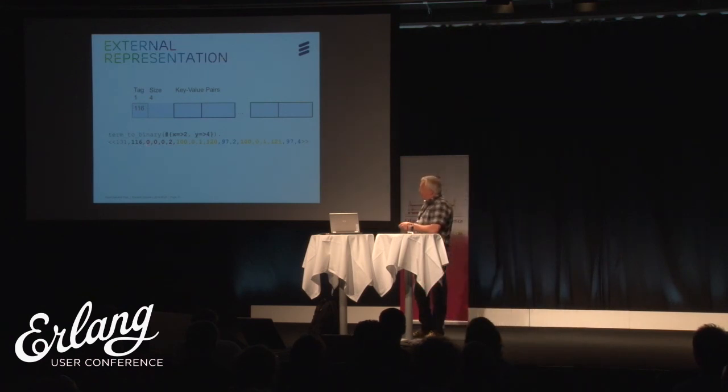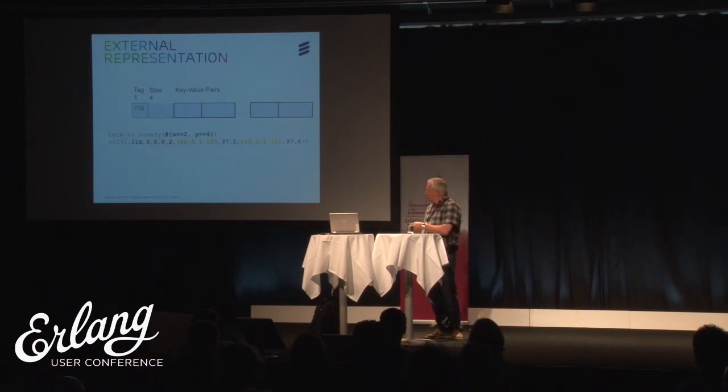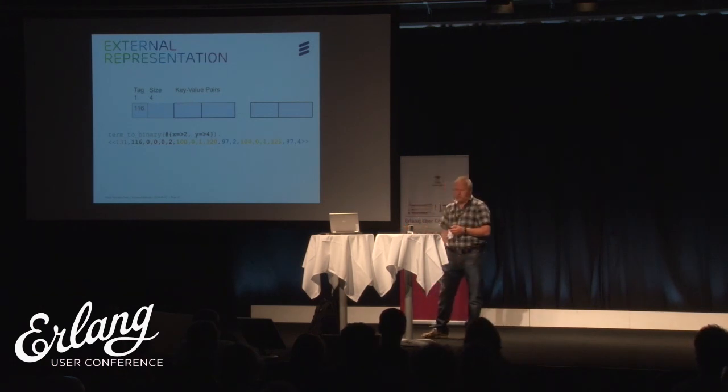As you can see here, we have an example, x equals 2, y equals 4. You get a size of 2, you get the tag for atom, we have a 2-byte length field for atom, and then the x is 120. And then we have the tag for small integer and the value for small integer, and so here you have the first pair, and then you have the second pair.